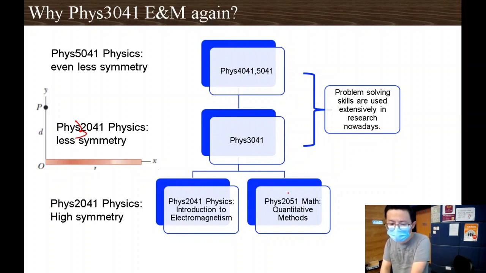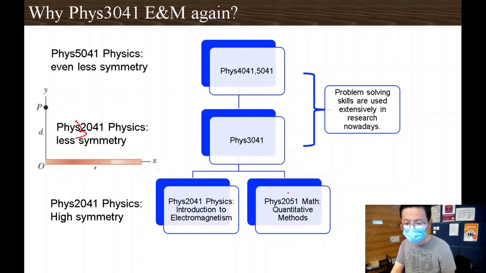Well, that is actually very useful in 3041, and we will use a lot of techniques from this mathematical methods course. Hopefully this will lay a good foundation for you to learn further. So there are courses like 4041, and you can also find E&M in your graduate level courses.